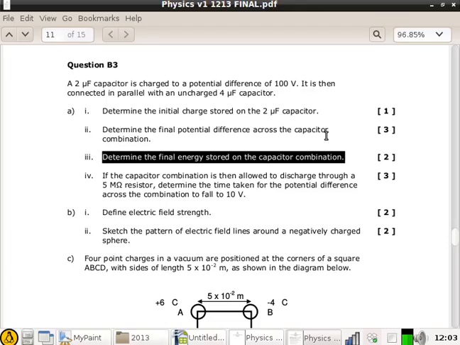And what's the voltage at the start? We have that from the previous. 33.3. And then what happens? It discharges. I can give you some of the steps. I'll check your answer in a moment.